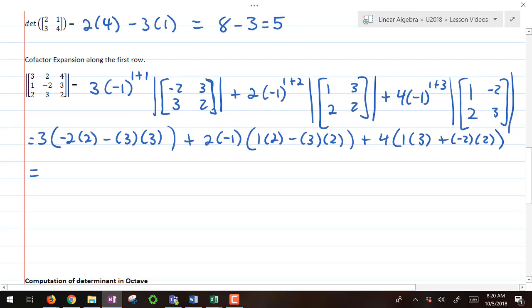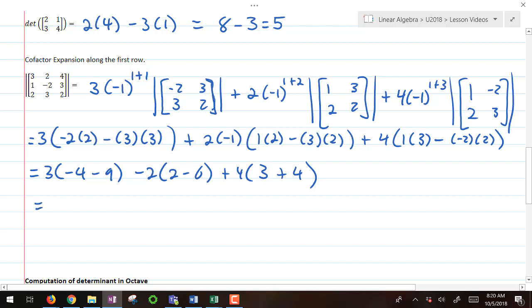So that's going to be 3 times minus 4 minus 9, plus minus 2 times 2 minus 6, plus 4 times 3 plus 4. That's 3 times minus 13 minus 2 times minus 4 plus 4 times 7.